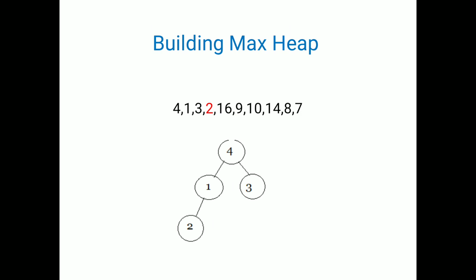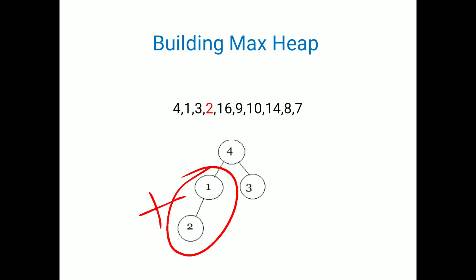2 is to be inserted to the left of 1, and now we check the max heap property for this subtree. This subtree does not follow the max heap property, so we have to make it a max heap. This can be done by interchanging the values.